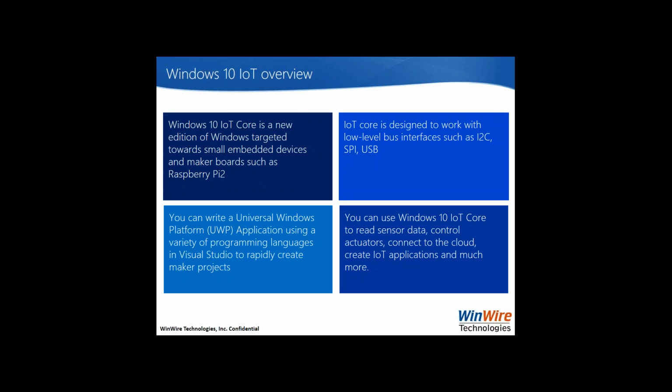And you can use programming languages that you already know. As I said, you can use C# and Visual Studio to quickly create these projects. You can do a variety of things with Windows 10 IoT Core. You can read sensor data, control devices, connect to the cloud, transfer information, and do a lot more.